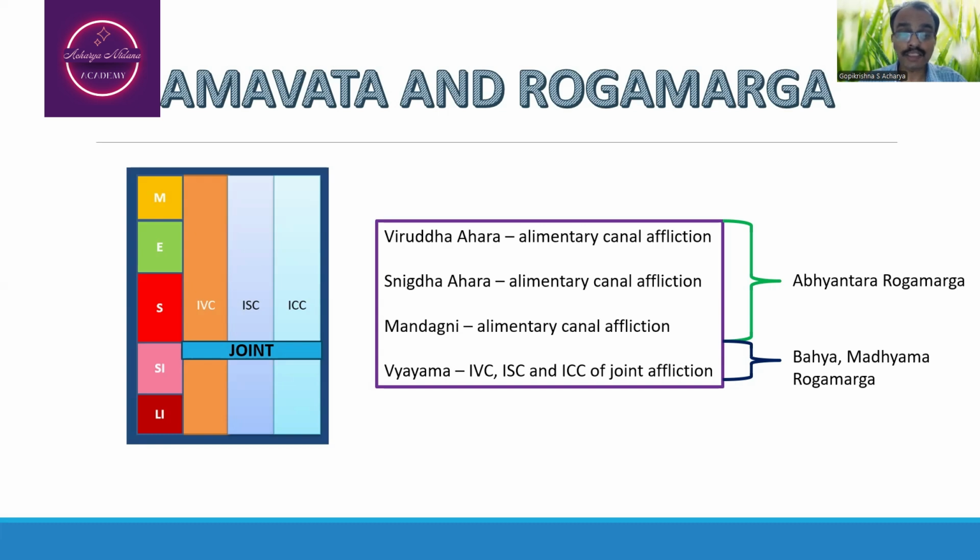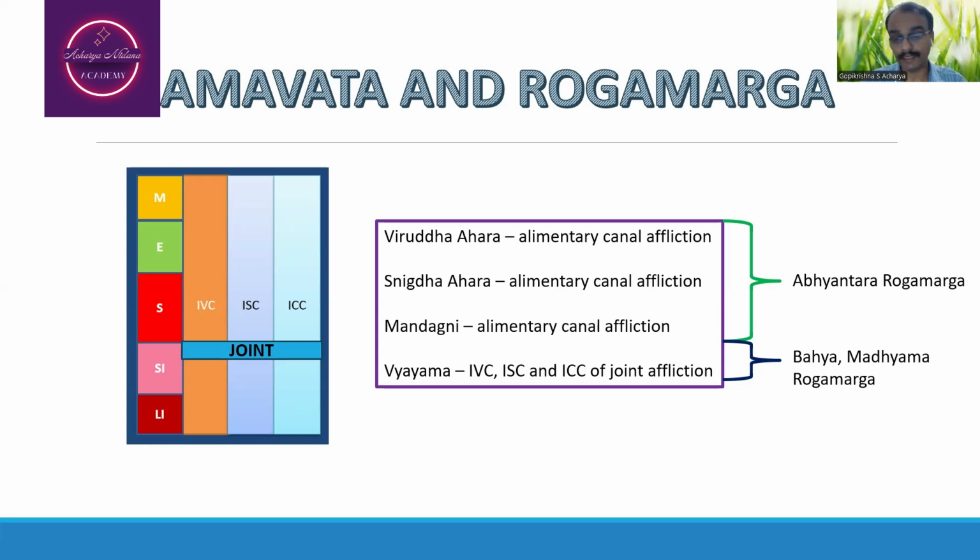Already, because of viruddha ahara and snigdha ahara, there will be mandagni, but this is a specific state wherein the person has poor digestive function itself, which in turn afflicts the alimentary canal, the abhyantara rogamarga.